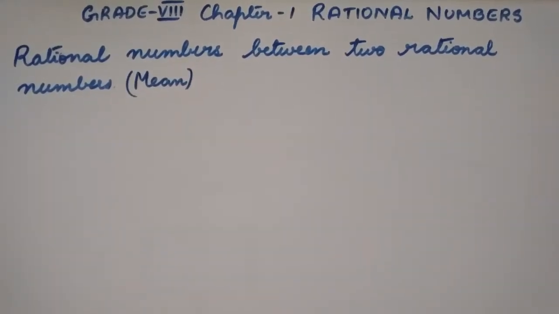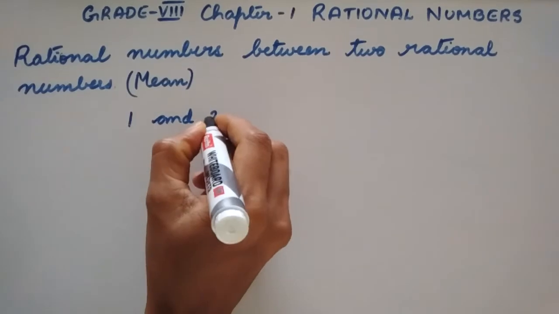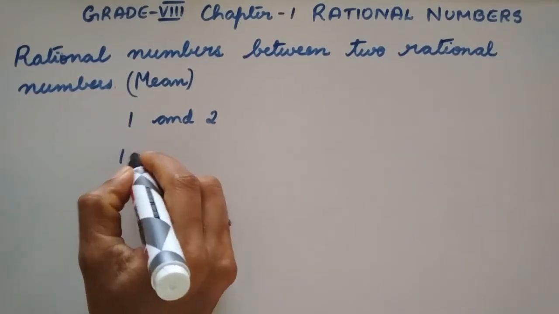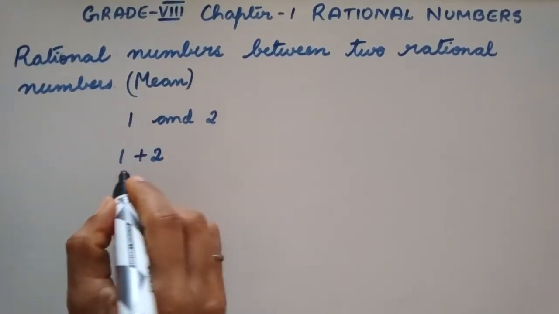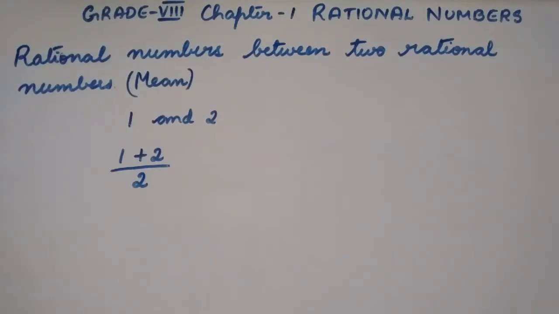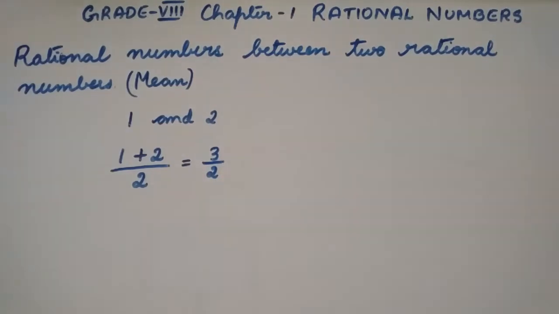Suppose I want to find a rational number between 1 and 2. Using mean method, I have to add 1 and 2 and then divide by 2, which will be equal to 3 by 2.